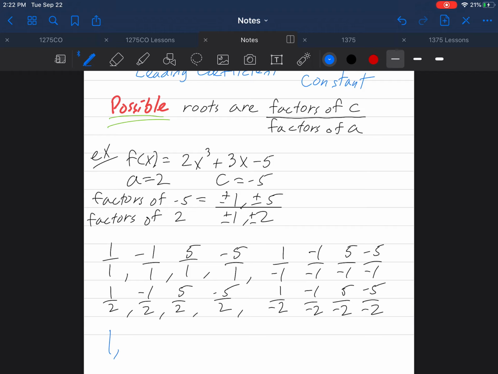And the fact that they're over 1 is just the result of our setup. Now look at these numbers here on the right-hand side. 1 over -1 is equal to -1. We got that already. -1 over -1 is +1. That's over there. 5 over -1, well, that's covered over here with -5. -5 over -1, that's covered over there.